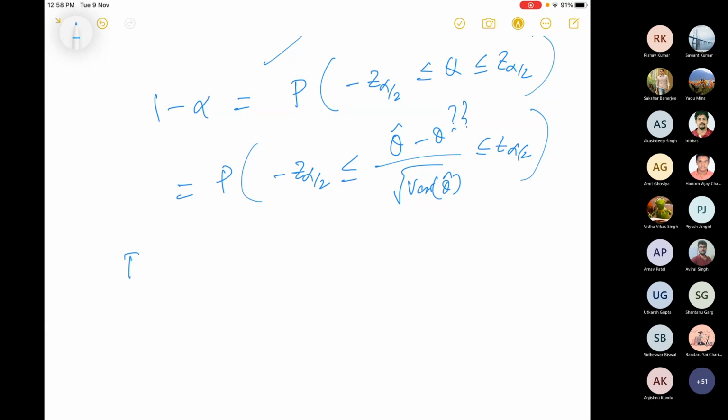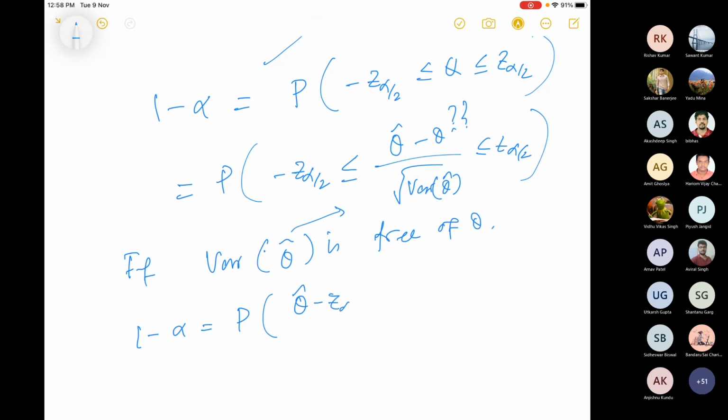We discussed it yesterday. Now, if the variance of theta hat is free of theta, then we can have 1 minus alpha equal to the probability of, with a little bit of algebra, theta hat minus z alpha by 2 times the square root of the variance of theta hat, less than or equal to theta, less than or equal to theta hat plus z alpha by 2 times the square root of the variance of theta hat.